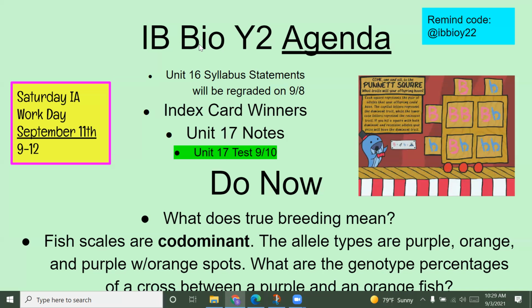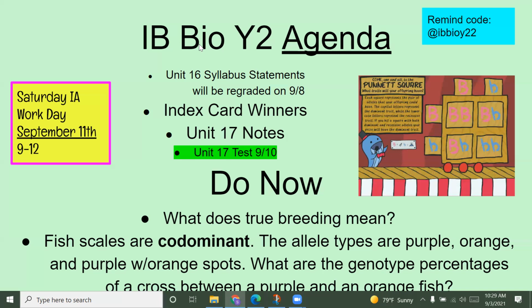C^O, C^O. Everyone good so far? All right, good. So we do C^P, C^O, C^P, C^O. Did I do that right? All right, good. So we need the genotype percentages.